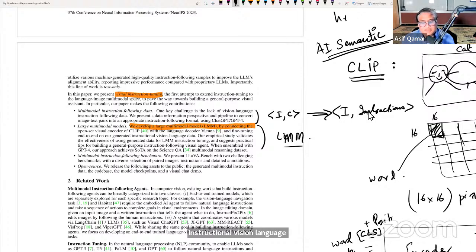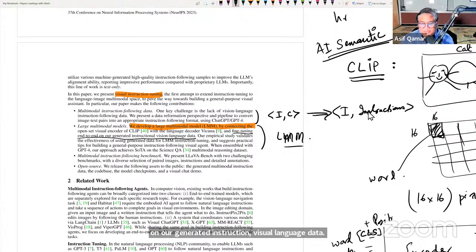Now, you realize that a language decoder like Vicuna is an open source model, and then what they are saying is we fine-tune end-to-end on our generated instruction visual language data. So that's the crux of what they're doing.